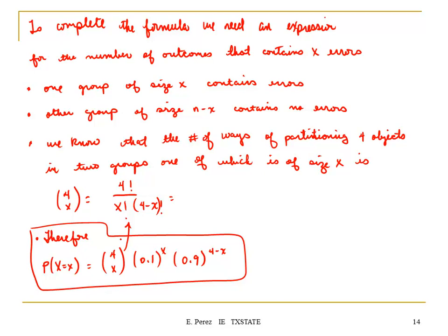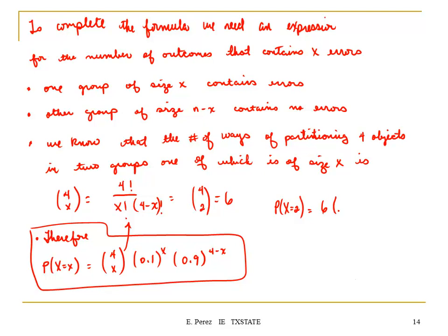So if we compute the probability of X being equal to 2 using this, it will be equal to 6, because 4 combination 2 equals 6.